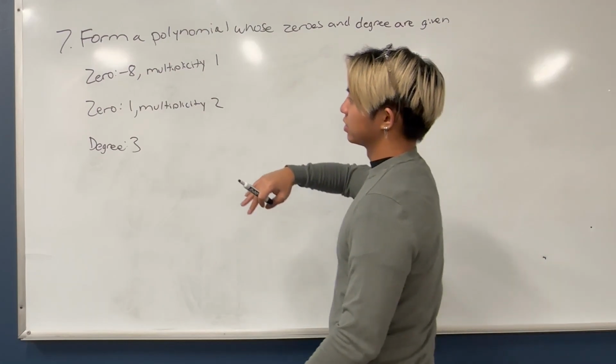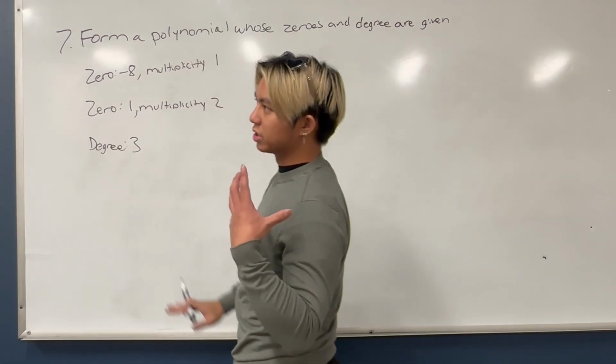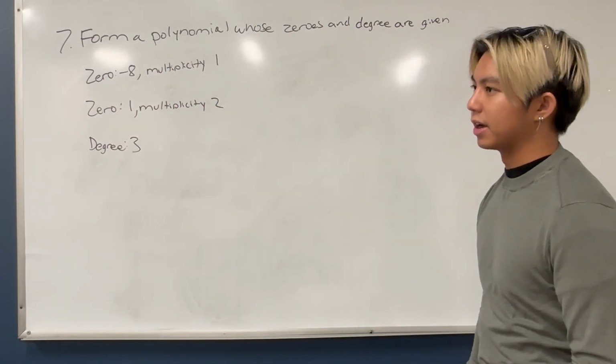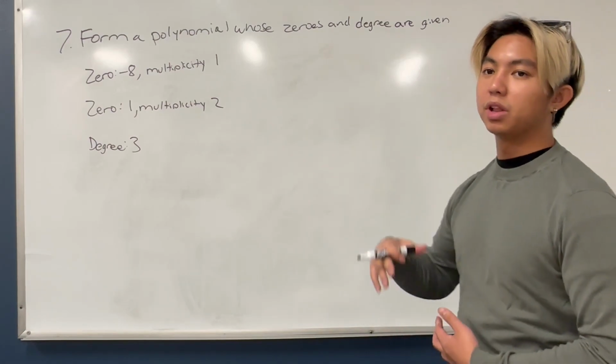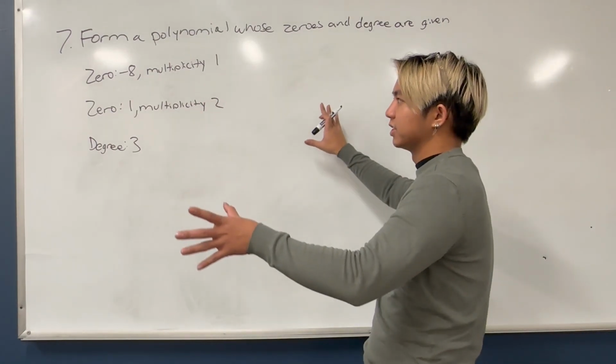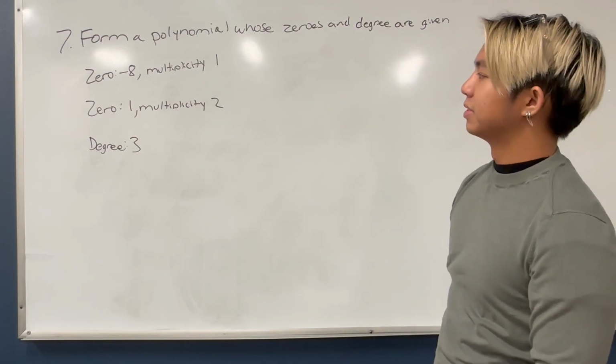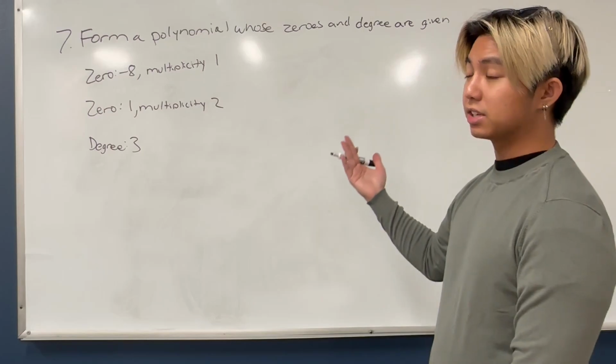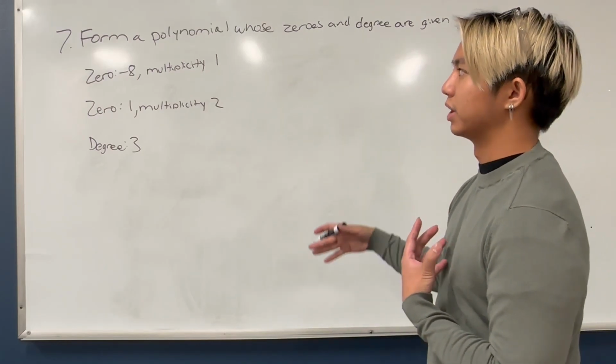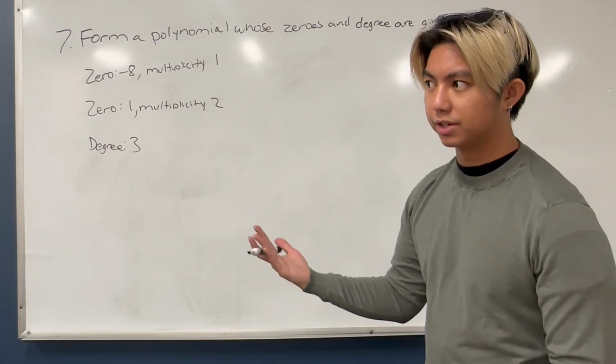But basically, what does the 0 mean? They gave us -8, right? So essentially, if I were to plug -8 into some sort of function, that -8 plugged in would give me a 0. So we're pretty much tasked with making some function where -8 plugged in would give us 0.